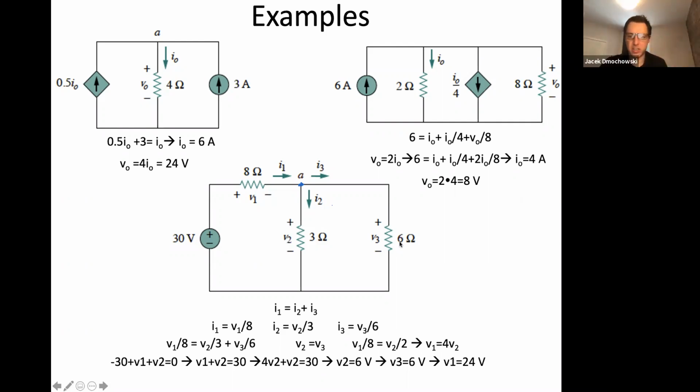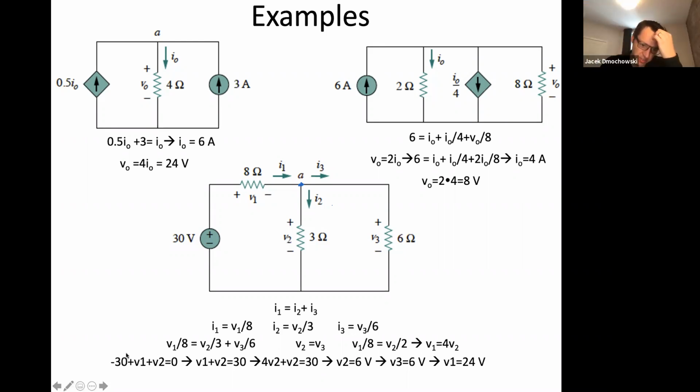But the resistance 6 still has to hold. So you can put in V2 for V3 here, but you have to keep the 6 ohms, because that 6 ohms is not going to go away. But other than that, what you did is correct. Okay. Right.